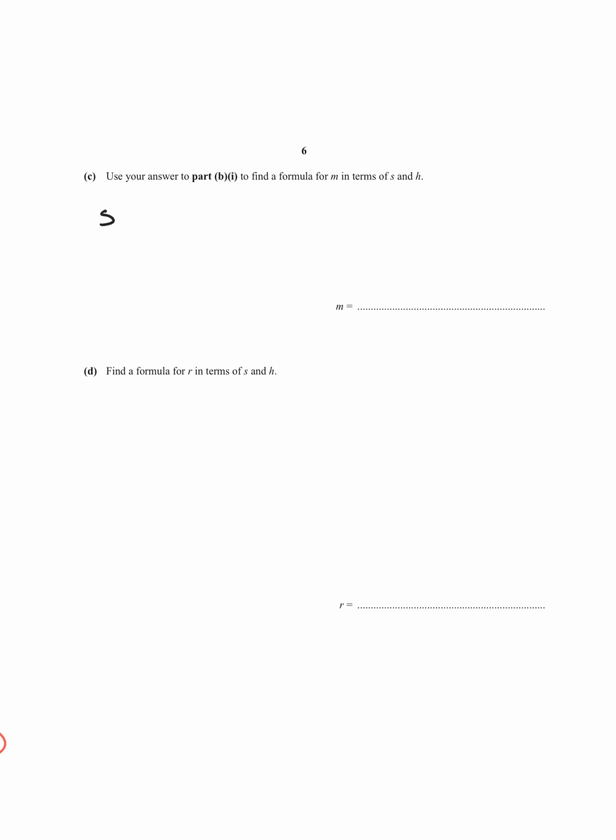So what's it asking for? Find a formula for m in terms of s and h. These are just the letters that we've got. We don't need to do any substitution. We just need to rearrange it. So it's a formula now for m. If I divide both sides by h, what am I left with? It's s over h equals m, or m equals s over h. There we are.